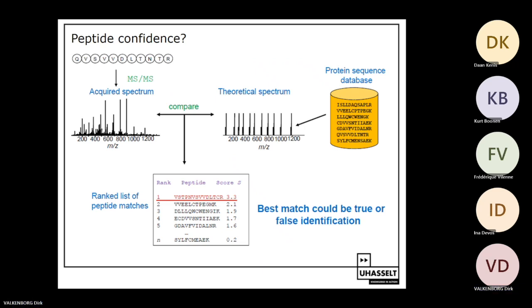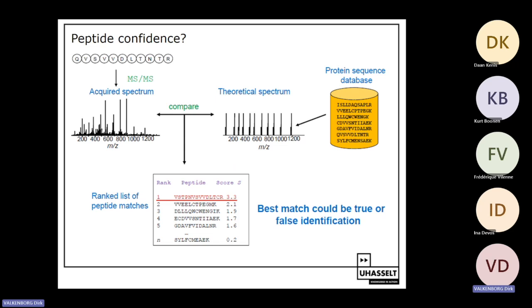As a result, we often have more than one candidate peptide that we want to verify on our acquired spectrum. So we have a list of peptides with scores, and we can rank these peptides according to the scores. But what should we now trust?